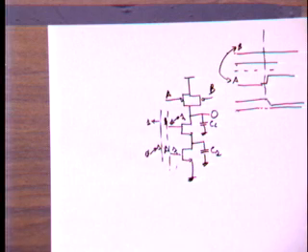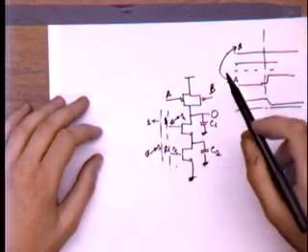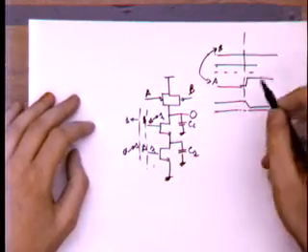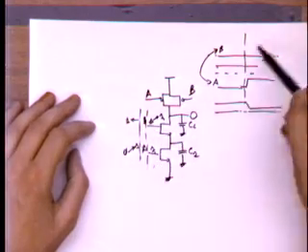Chris, use the microphone. The second case is faster because the high to low propagation delay is lower than the low to high. So these are both high to low transitions, right? Both these transitions are high to low transitions.